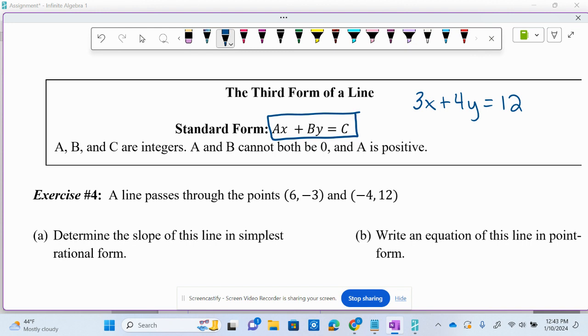There's something special about standard form. It says that A, B, and C, those are the coefficients or the constants of the equation. They have to be integers. So I'm going to circle that word, and I need someone to tell me what it means to be an integer. Because I forgot.